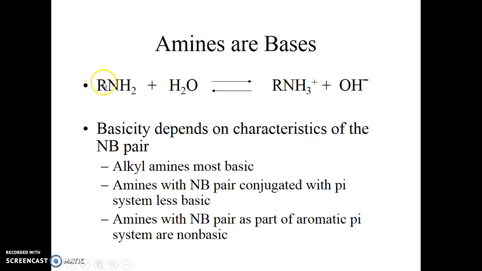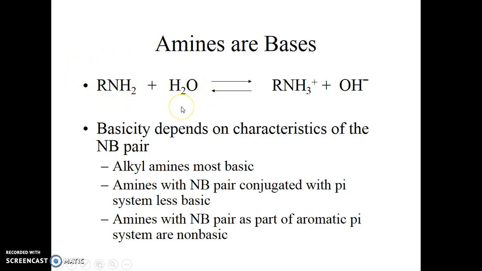Amines are bases. There's a non-bonding pair on the nitrogen, and it will pick a proton off acids and make an ammonium compound. So an amine with water will react and make the ammonium hydroxide. Notice this is an equilibrium because this is a weak base, and the equilibrium is really favored over here.